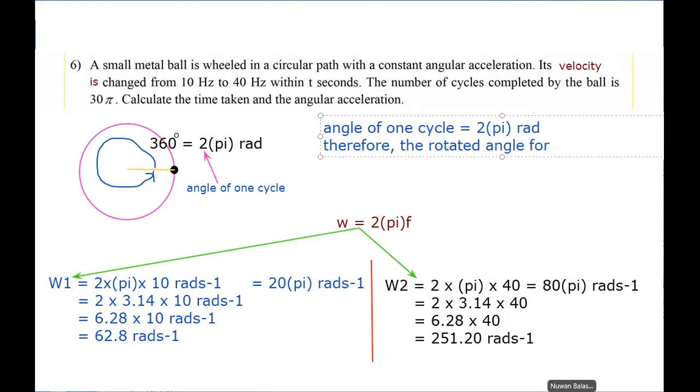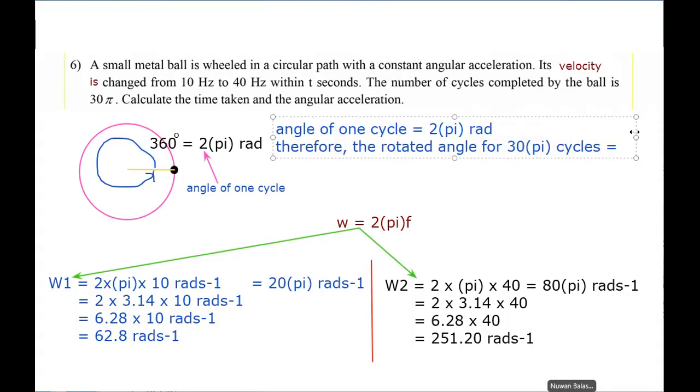Therefore, the rotated angle for 30 times pi cycles. They have given pi here to make you confused, so you should not be confused because pi is there. Don't worry about it.